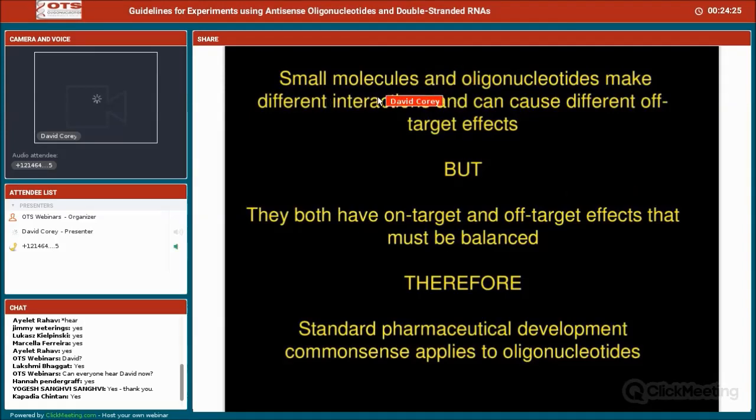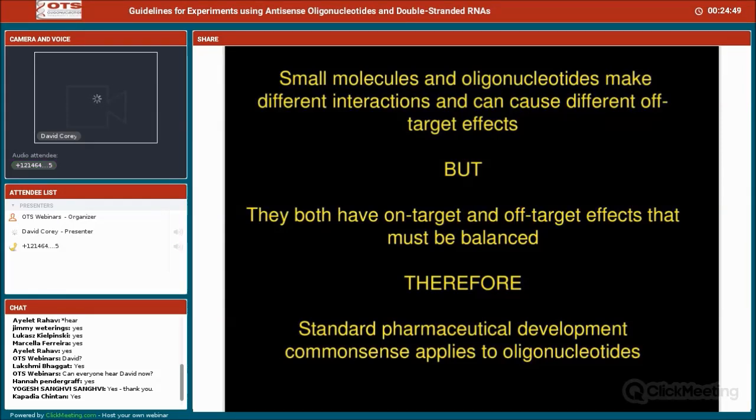Okay, so small molecules and oligonucleotides make different interactions. They're different kinds of molecules, and they cause different off-target effects. But these off-target and on-target effects have to be balanced. Therefore, standard pharmaceutical development common sense also applies to oligonucleotides.